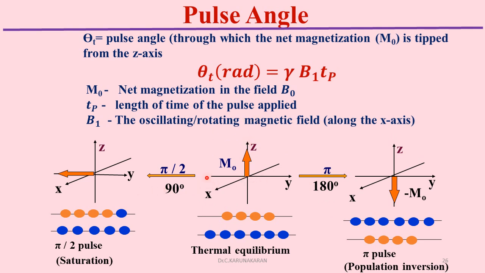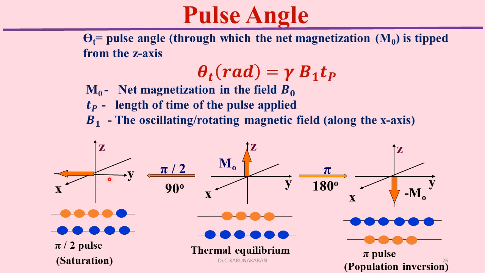When you apply a 90-degree pulse, that is a pi by 2 pulse, that is, when you apply a rotating radio frequency magnetic field perpendicular to the z-axis, that is through the x-axis, the magnetization is tilted along the minus y-axis.